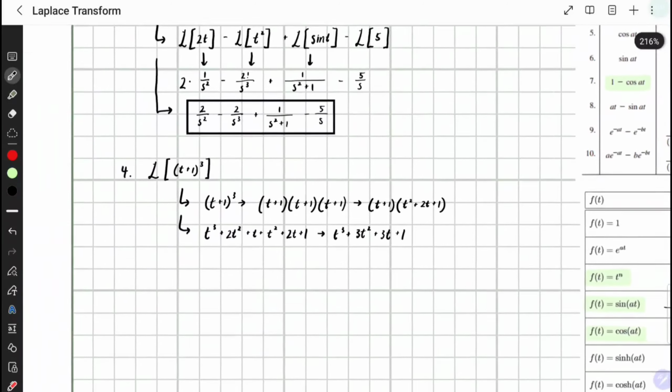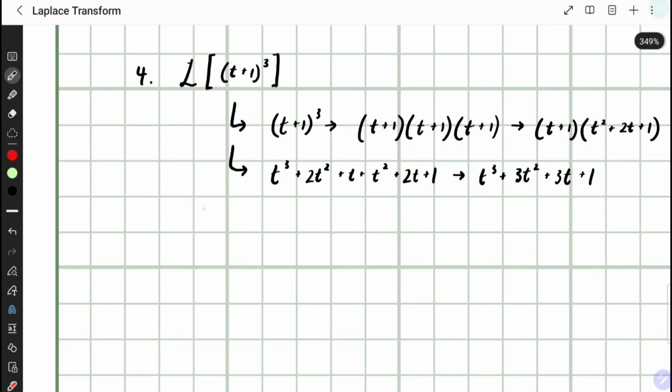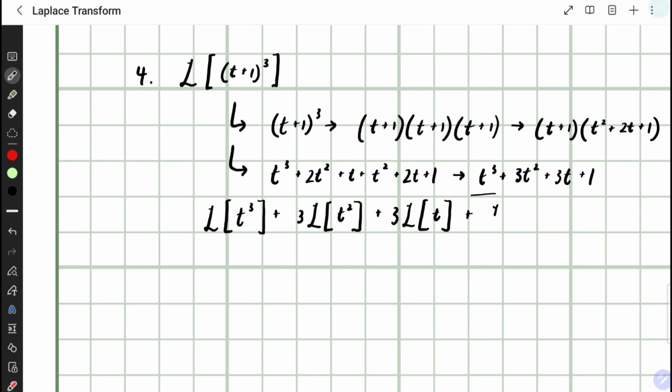So same thing here, because of linearity, we can break this down into the Laplace transform of t cubed, plus 3 times the Laplace transform of t squared, plus 3 times the Laplace transform of t, plus the Laplace transform of 1.